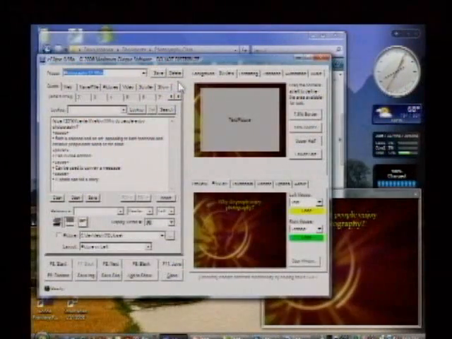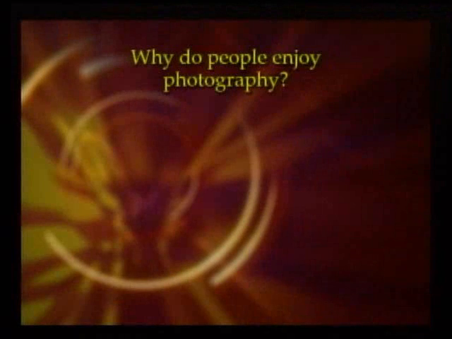Why is it that people enjoy photography? What are some of the reasons that people like to get involved with taking pictures? One thing that comes to my mind is people love to be able to share what they're doing with their family and friends who are distant, and with digital photography and the internet, being able to share really well, and people like to take pictures for that reason. Right, definitely true.